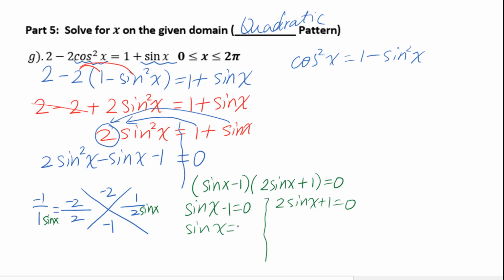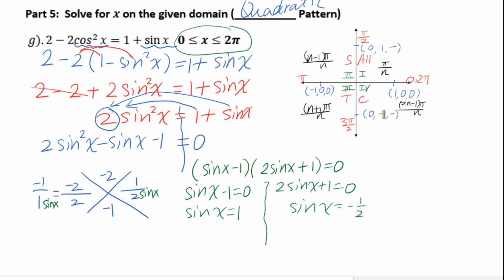Sine x equals 1 and sine x equals negative 1 over 2. For sine x equals 1, it's here, pi over 2. So we get x equals pi over 2.